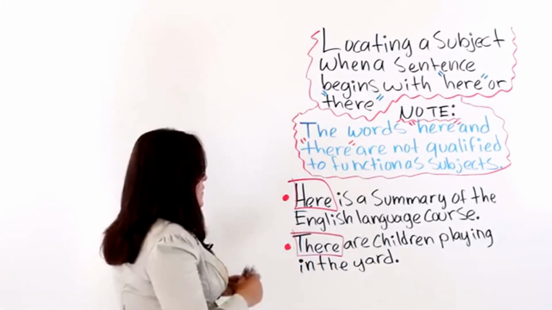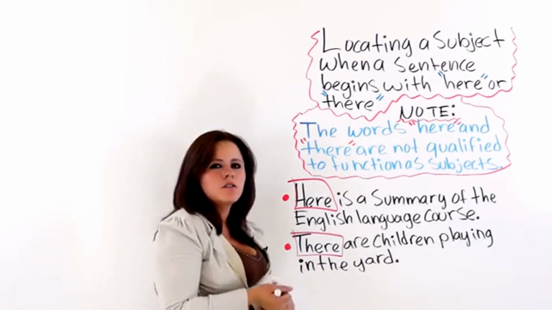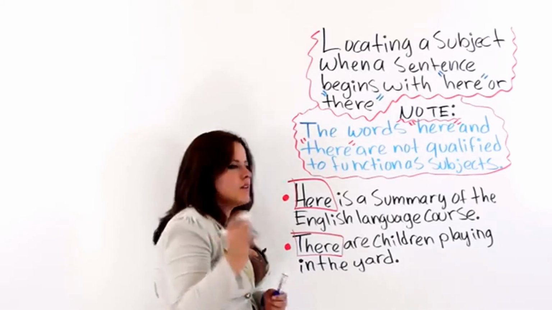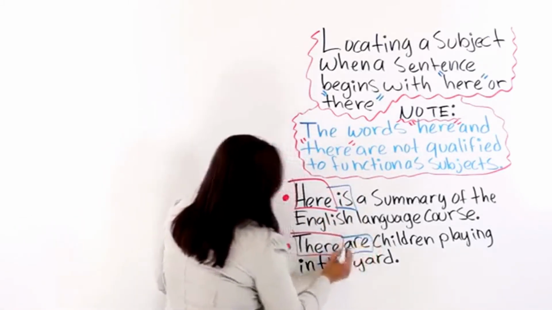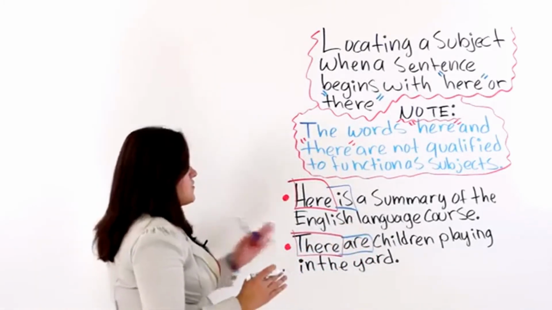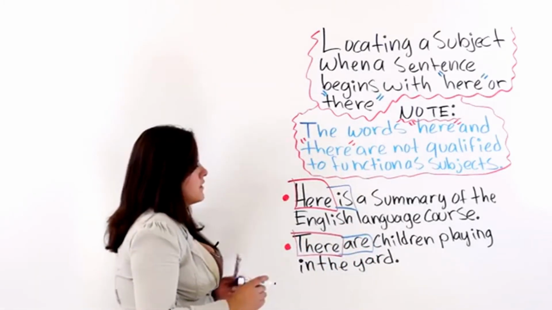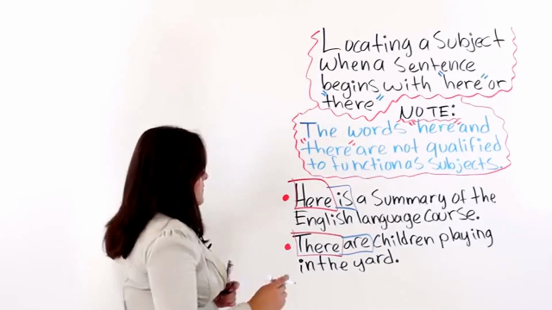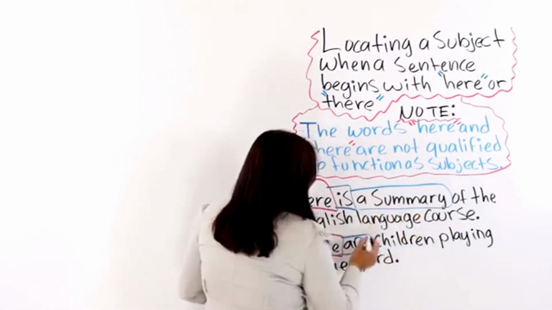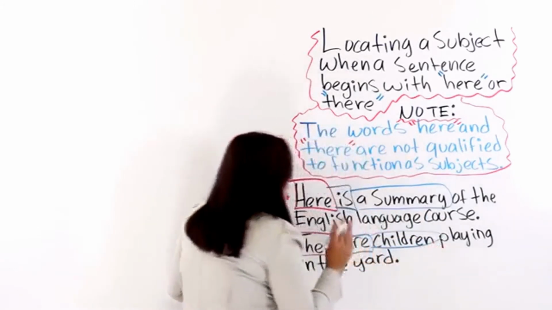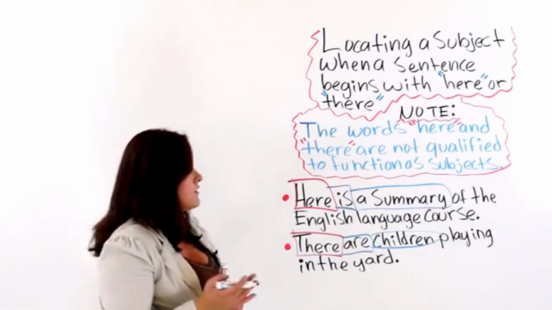Okay? So we must what? Look to the words after the verbs. A summary, children. Okay? So this here and this here are the subjects of these sentences.